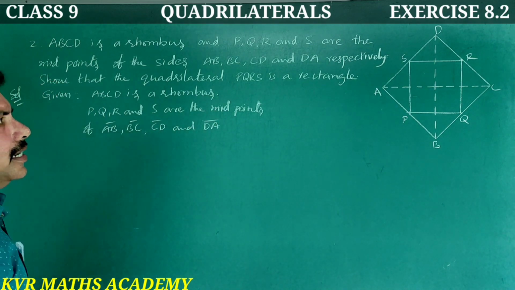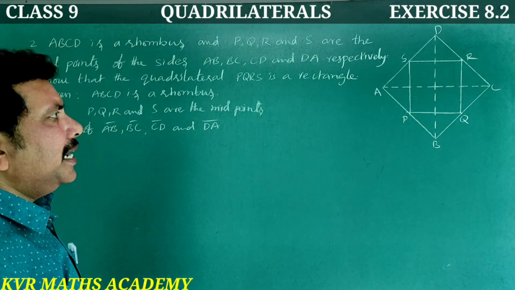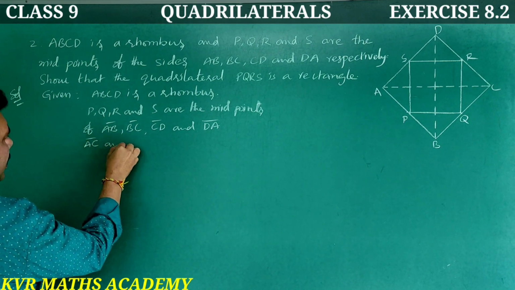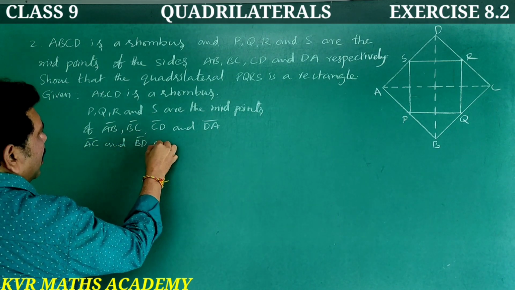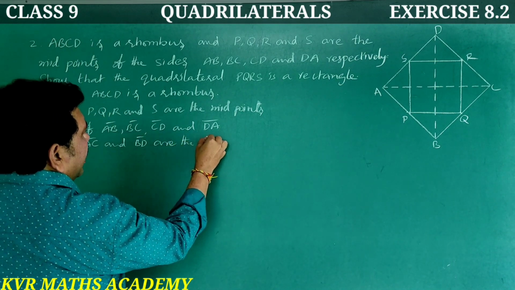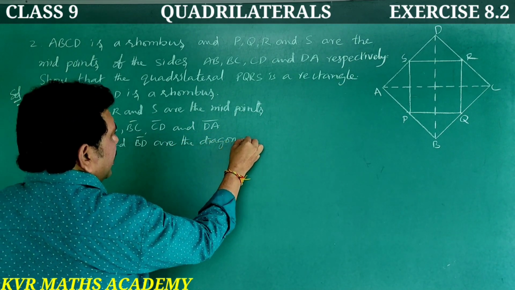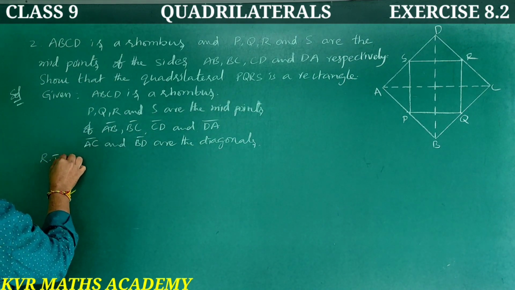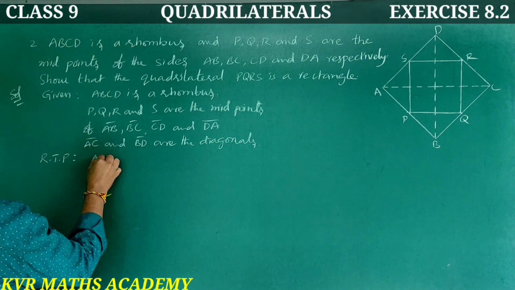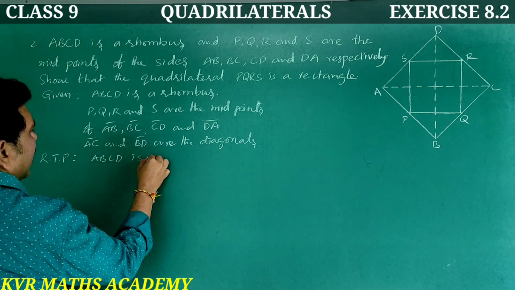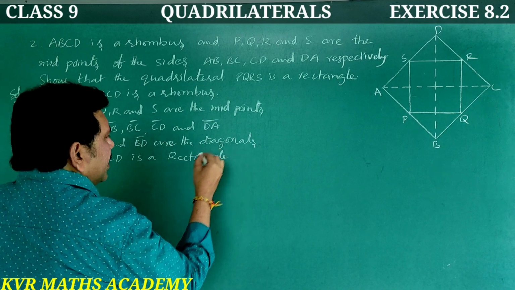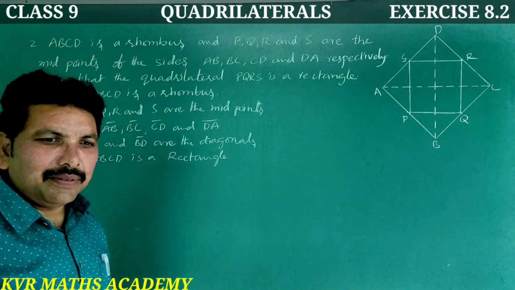AC and BD are the diagonals, as we have drawn. RTP, what we have to prove? PQRS is a rectangle.